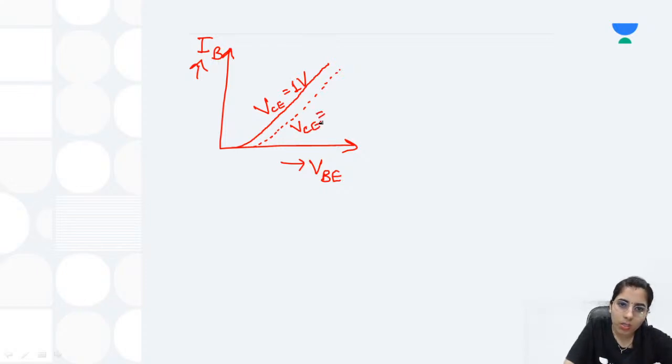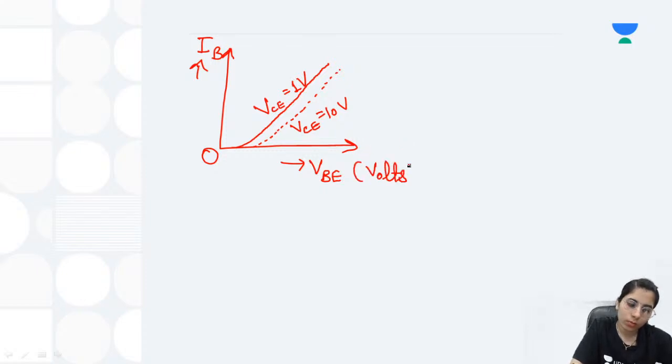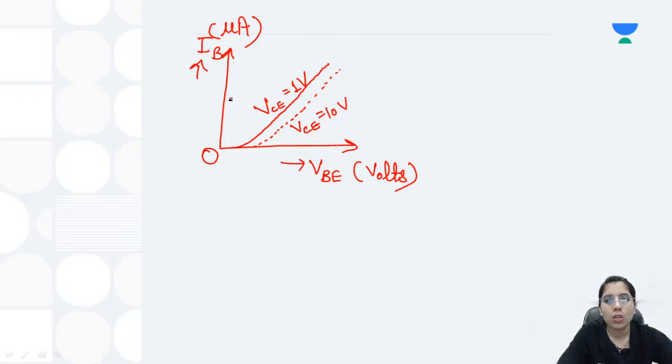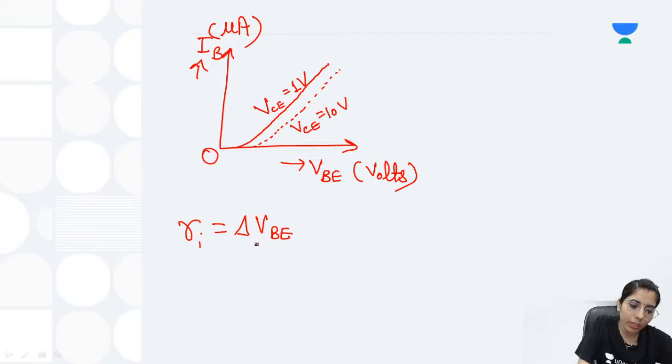So it is going to be VCE equal to 1 volt or 10 volt. For both we have shown the graph so that you will be able to compare what kind of graph you will have for a lower value and a greater value. This is 0. This is in microampere. So this is your input characteristic, which is the graph between IB and VBE. If you have to consider the input resistance, that will be delta VBE upon delta IB. You will have to consider it this way.